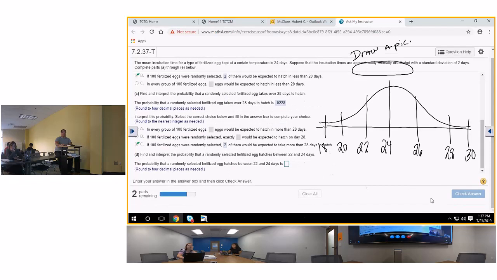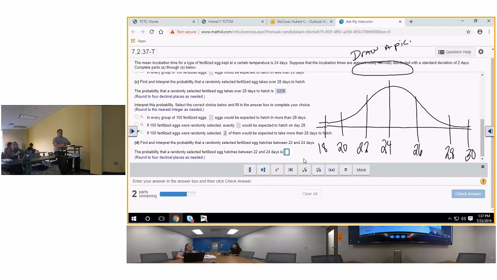This is a good homework question, but it's not a good test question because I don't want to give you anything like this on the test. 22 and 24 days. 22 minus 24 is -2. -2 over 2 is what? -1. So from -1 to 0. Somebody do -1 to 0.